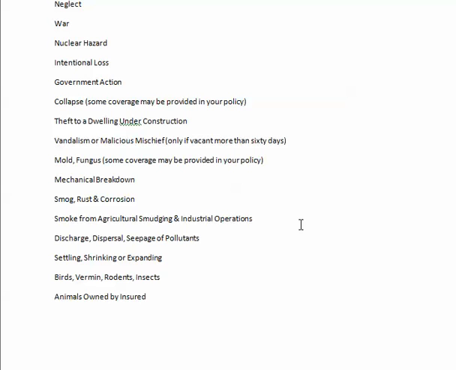The next one is HO6. It is also called condo insurance. It covers items not insured by the association policy, as well as the personal property inside the unit. This condo insurance focuses on contents and is similar to the HO4 because the policyholder does not own the structure the unit is in.